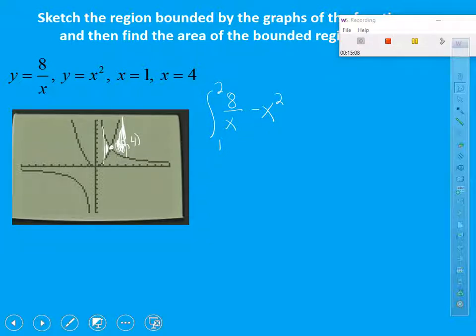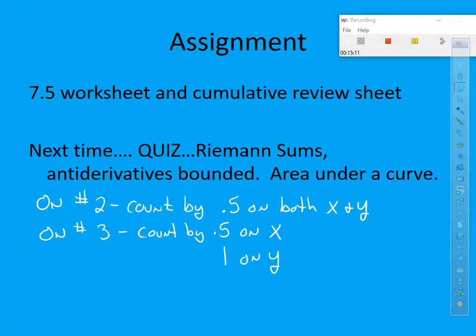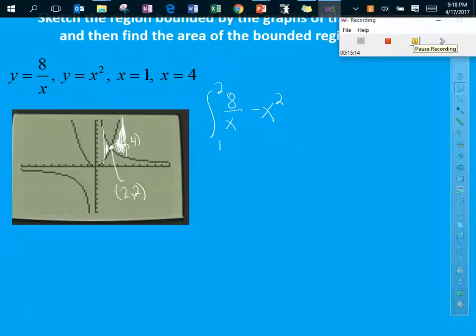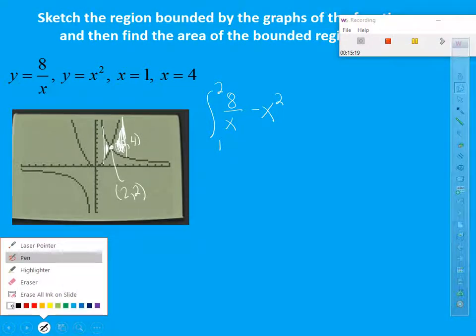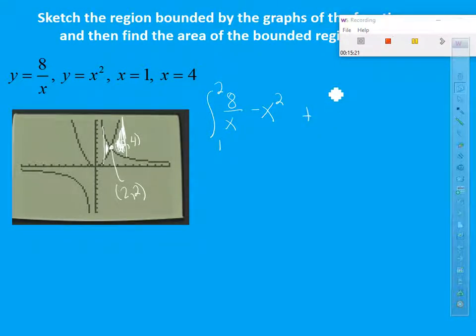Because this point of intersection right here happens to be the point 2, 2. And then let's add to that the boundary from 2 to 4. Well, if you look over here, the parabola becomes the upper bound, the hyperbola becomes the lower bound.